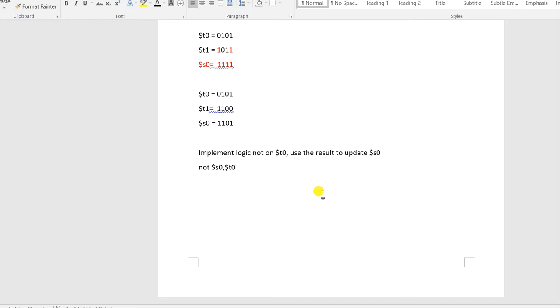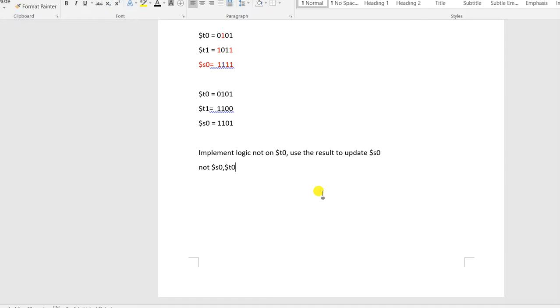The problem is I want to represent a logic operation such as NOT using the R format, but here I only have one source operand. In other words, I do not have another source operand to represent this NOT logic operation using the R format.